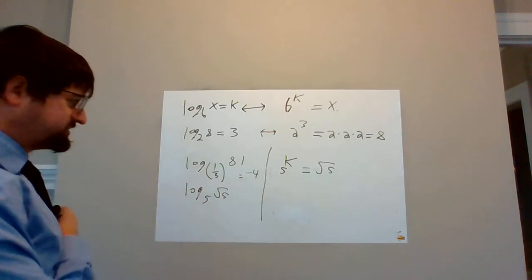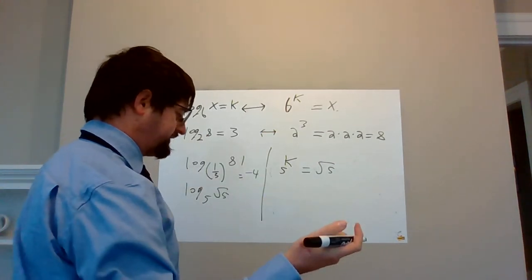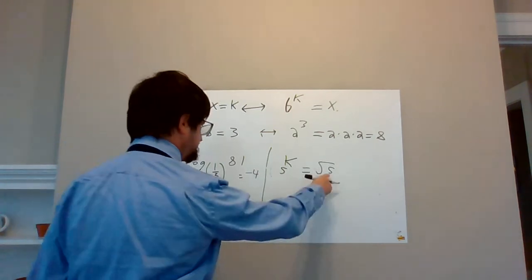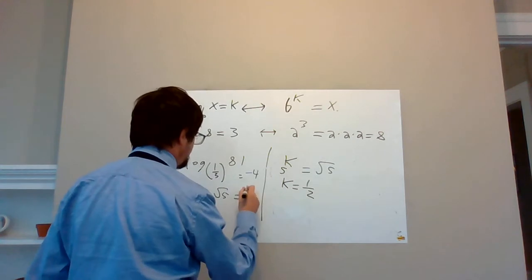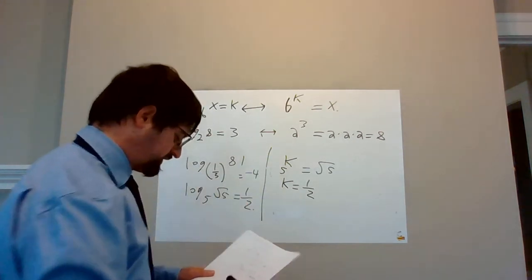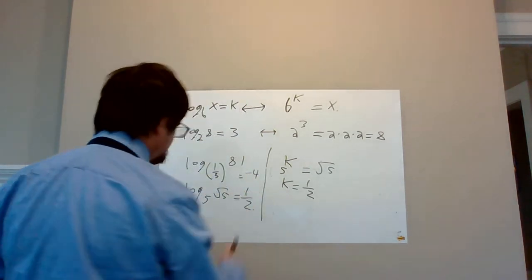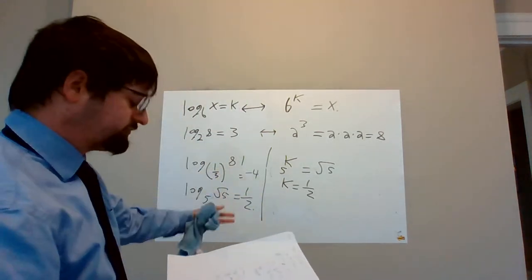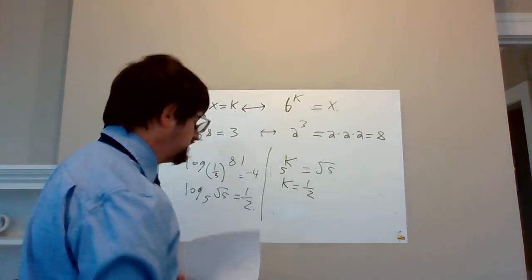And in this case, we'll just stare at it for a bit and remember that taking the 1/2 power is the same as the square root. So k equals 1/2. Okay. So those are basic examples. Oh no, maybe not so basic, but hopefully there's some degree of familiarity with something like this.